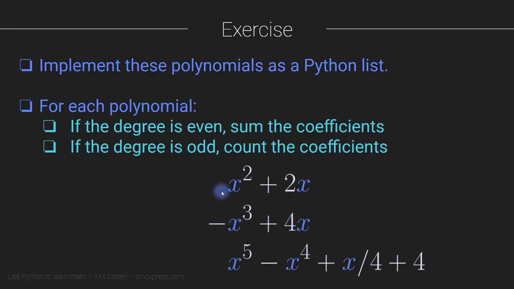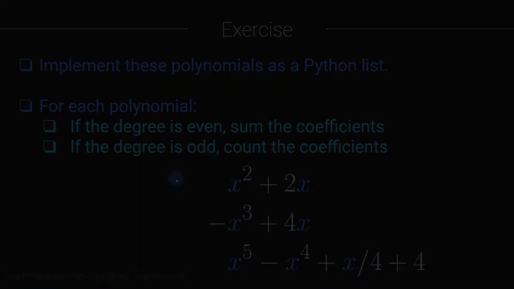All right, now I haven't actually told you how to compute the degree of a polynomial in Python, but I think you can figure it out by knowing that the term for the highest power is called the degree. All right, so good luck. Now is your chance to pause the video and work through this assignment, and of course, I'm going to now switch to Python so you can watch me work my way through this.